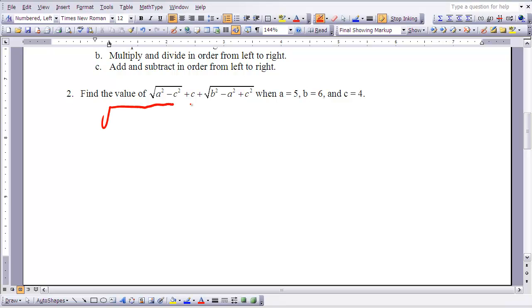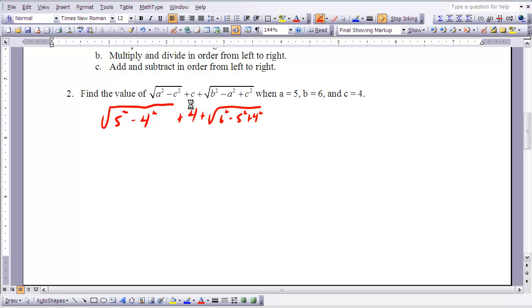So instead of A squared and C squared here, we're going to put in 5 squared minus 4 squared plus, instead of C, I'm going to put a 4. And here we would have B squared, which would be 6 squared minus 5 squared plus 4 squared. Okay.